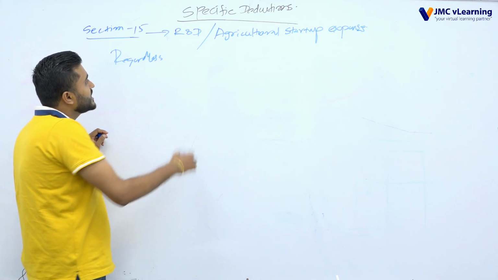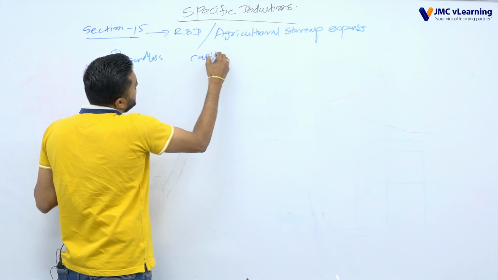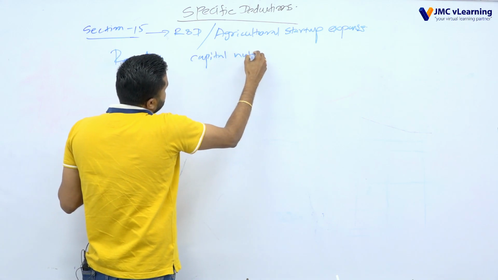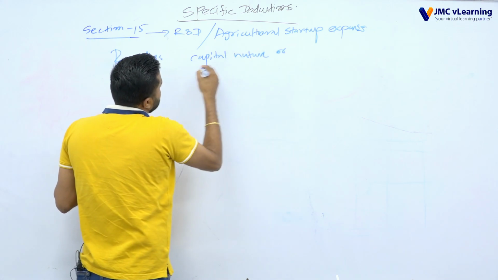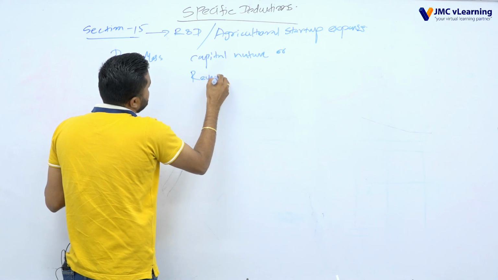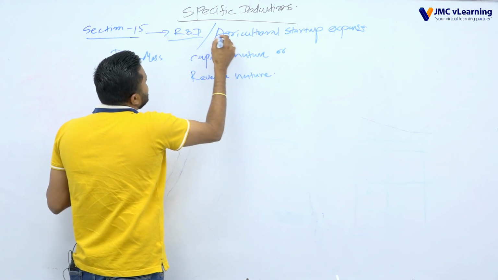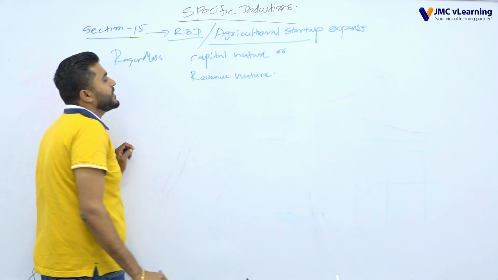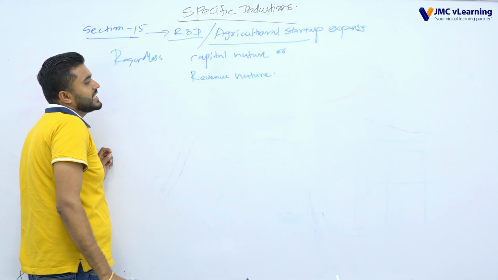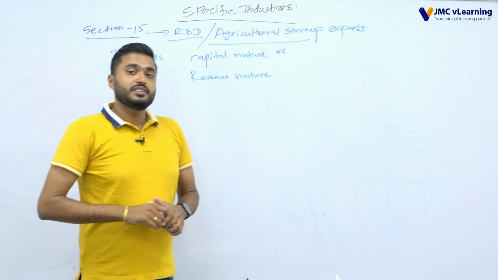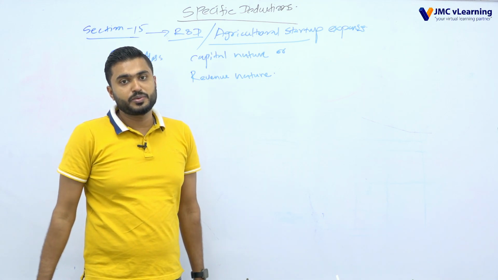So regardless of capital nature or revenue nature, you can deduct the research and development and the agricultural startup expense when calculating the taxable profit.